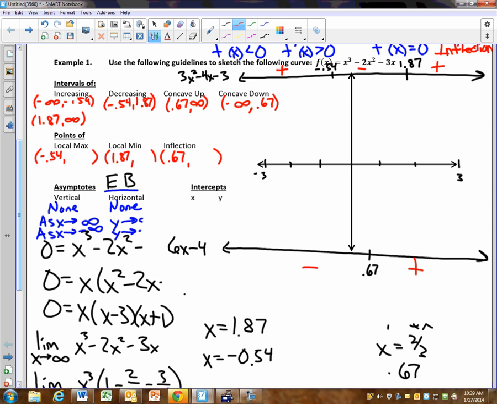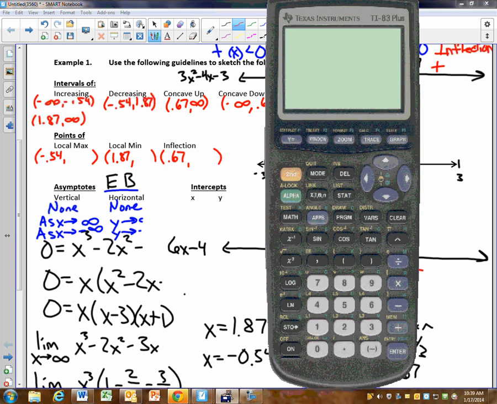Very good. So now what I need to do is generate y values for those points.